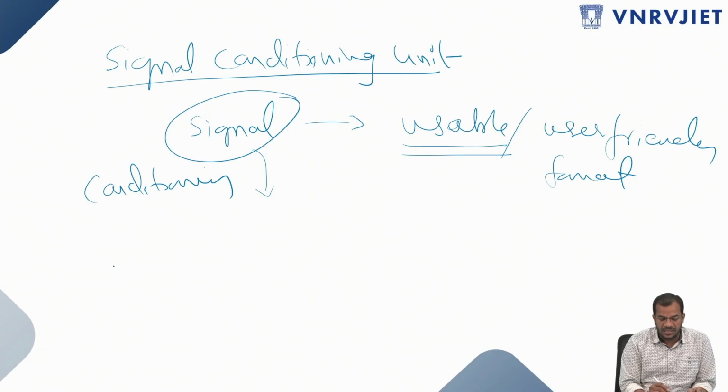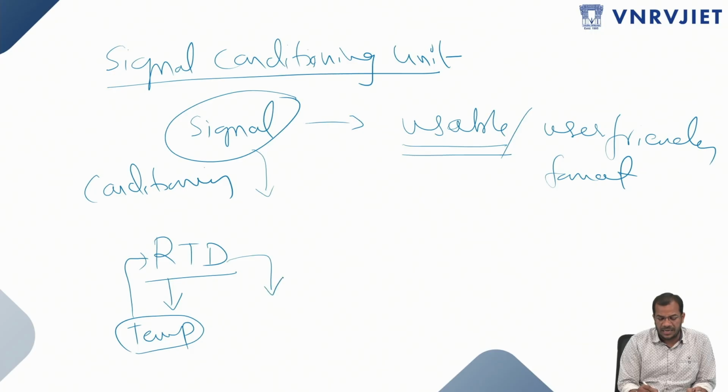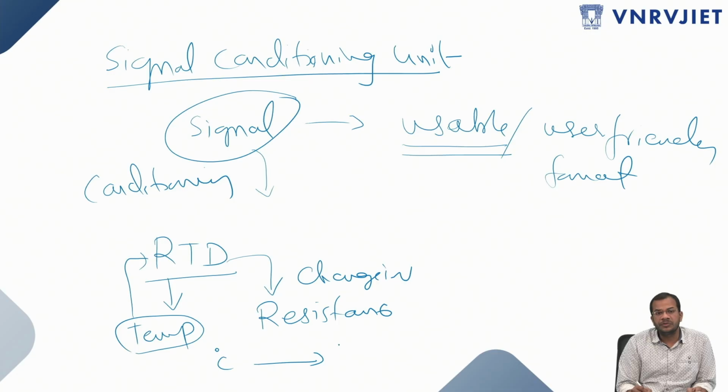So for example, if you see RTD, which is a resistance temperature detector, this is used to measure the temperature. Here the temperature is an input which is measured by using your RTD, and the RTD gives you output in the form of change in resistance. Here degrees is being converted into ohms, that is resistance.